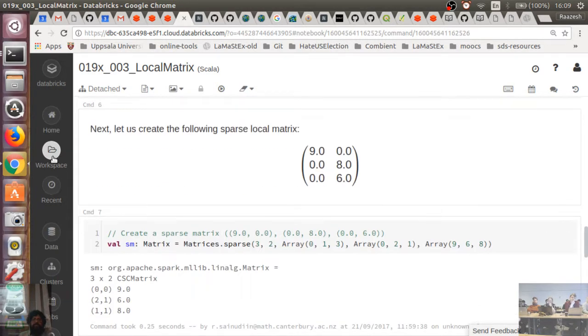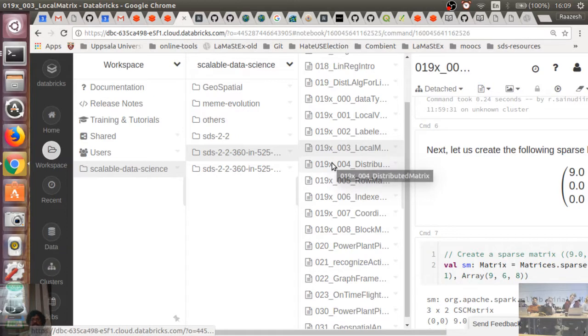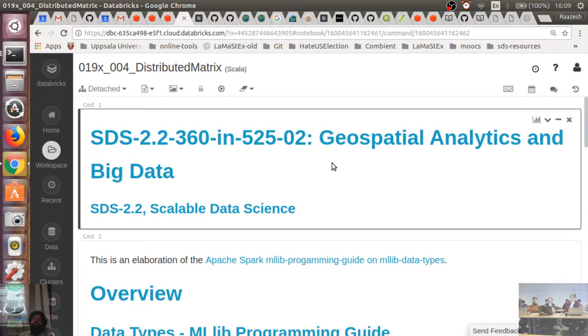So there's a lot of operations you can do. There's sparse variants of local matrices. Local matrices are very useful because they are usually expected to fit locally in one machine, so you can broadcast them and do various things with them. So you minimize, you just do one communication, right?